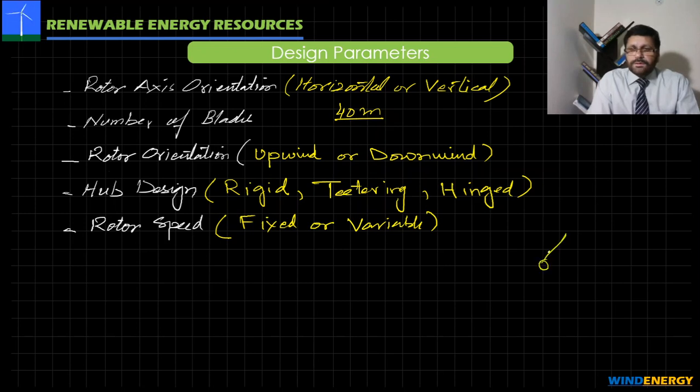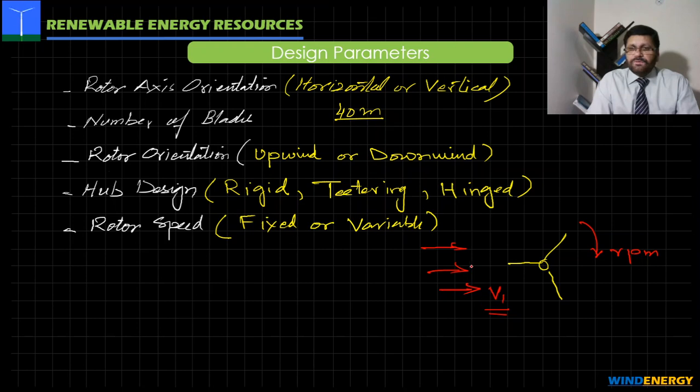Let's say we have a three blade wind turbine, and wind is coming with some velocity, and this linear velocity is striking the blades of the wind turbine, and because of that there is an angular rotation, RPM, and we know that the speed of the wind is changing all the time.